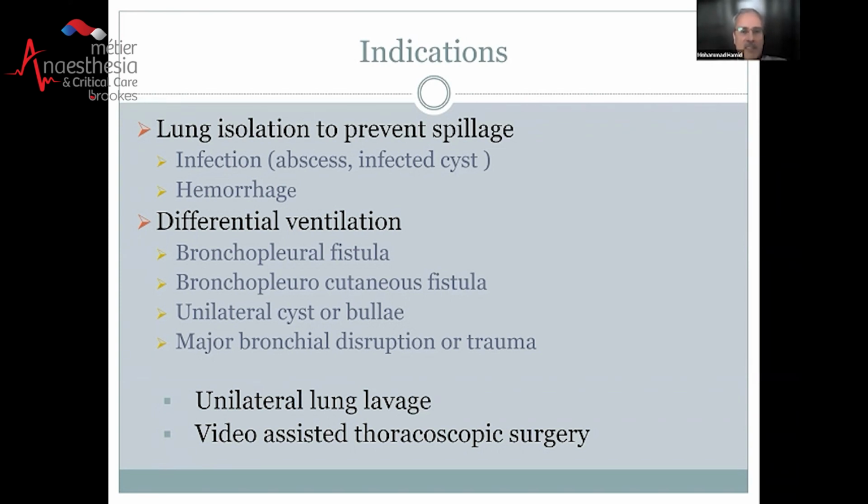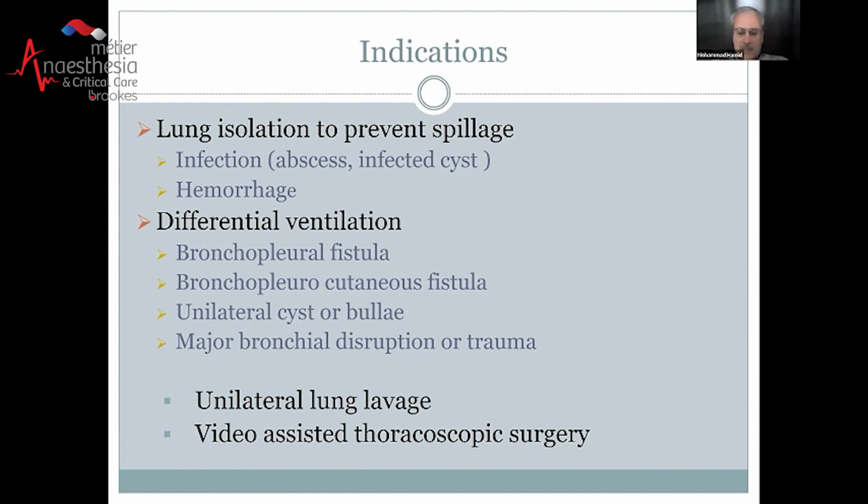Differential ventilation, like bronchopleural fistula, bronchopleural cutaneous fistula, unilateral cyst, and bronchial disruptions. Another is unilateral lung lavage. This is for alveolar proteinosis, where one lung is ventilated and the other one is lavaged to remove all that alveolar proteinaceous material. Another indication, a relatively new absolute indication, is video-assisted thoracoscopic surgery.